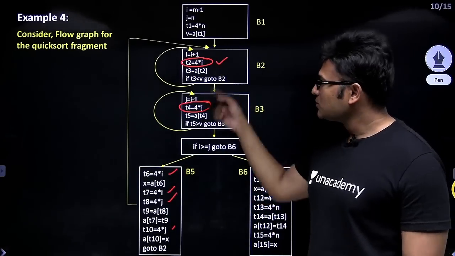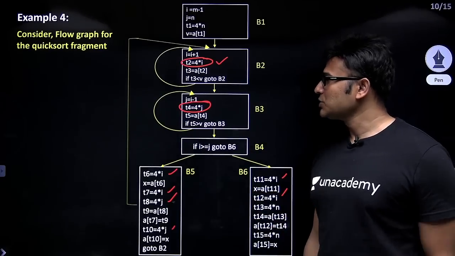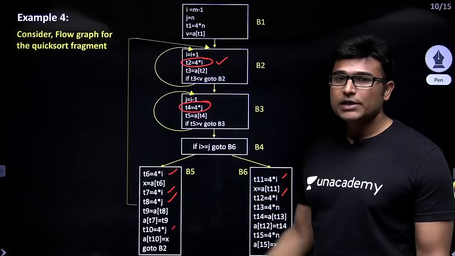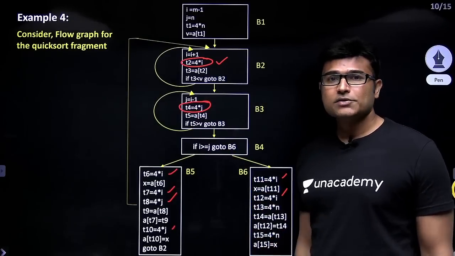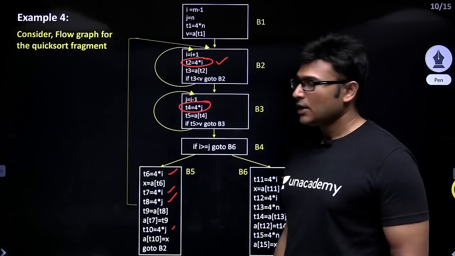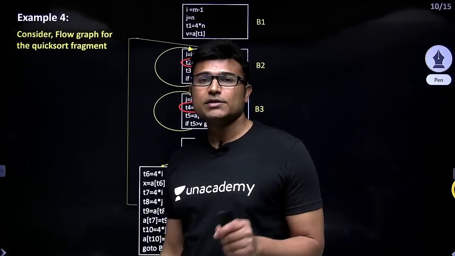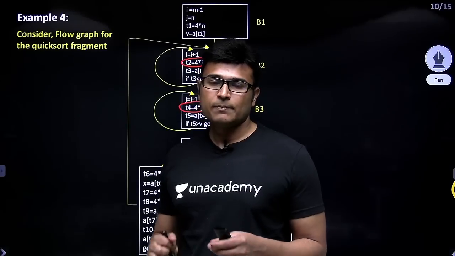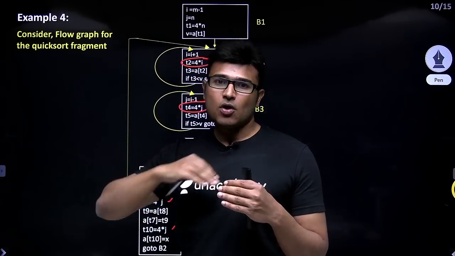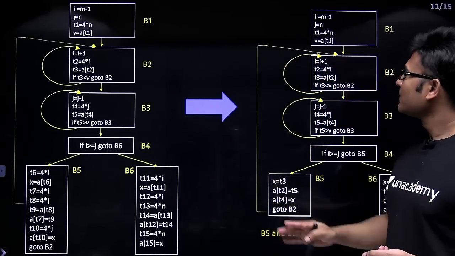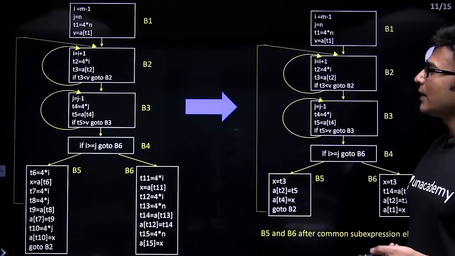In this program the value of I didn't change. And from here the value of J didn't change till the end, so that is why you are able to replace it. This process is called global common sub-expression elimination. Why? Because you are looking at many blocks. So you do it manually, you can understand it.